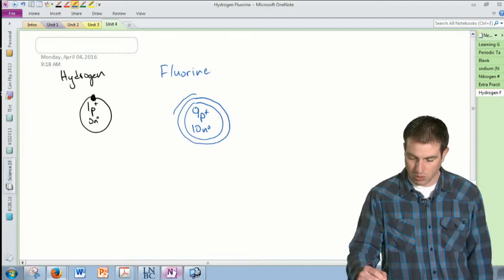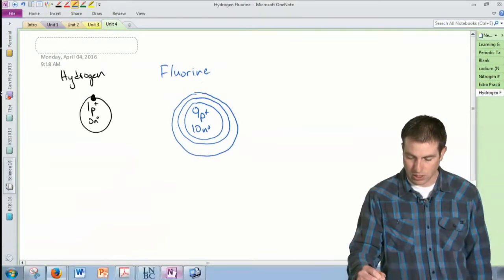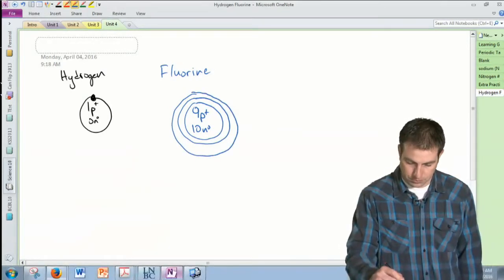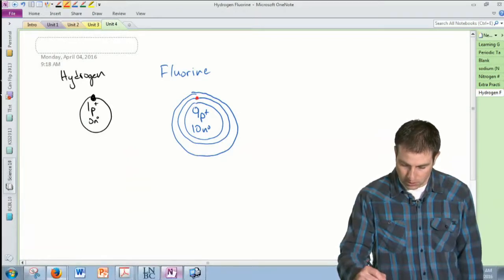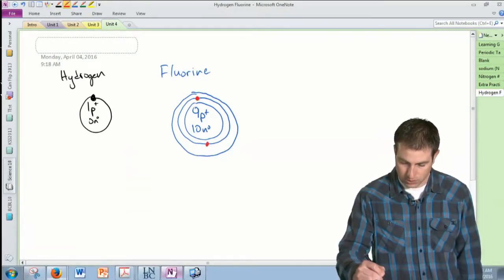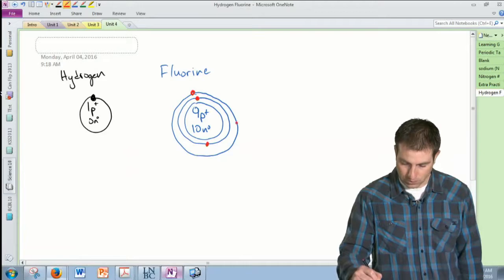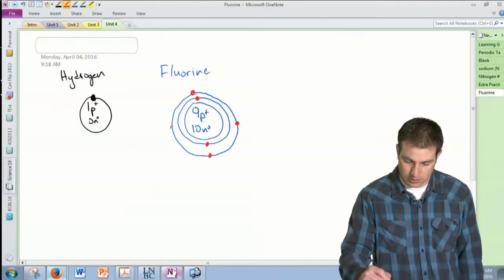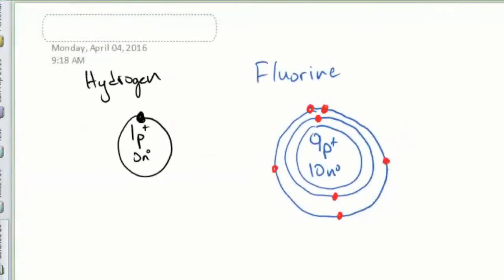So the first shell will have 2, and then the second shell will have 1, 2, 3, 4, 5, 6, 7, 8, 9.